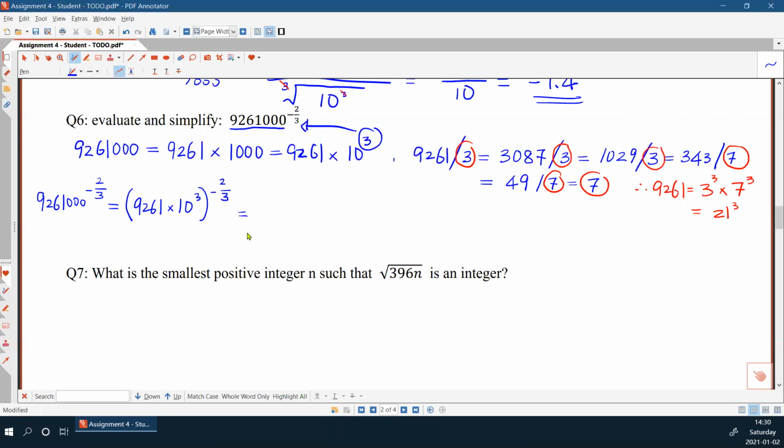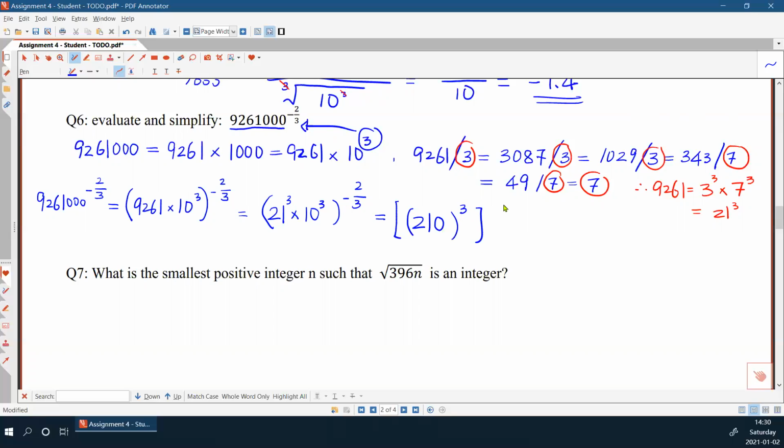Okay, and now we know that 9261 is 21 to the 3 times. So this is actually 210 to the 3 times, right?